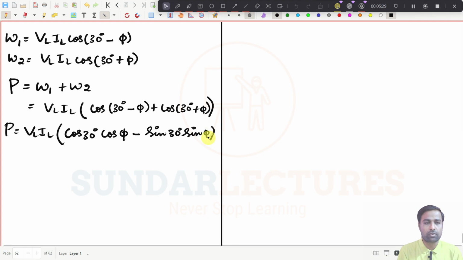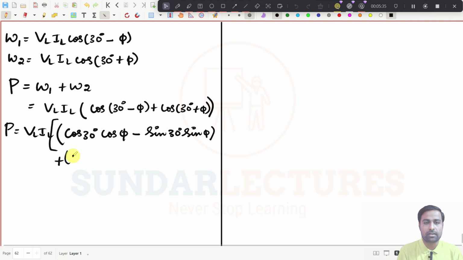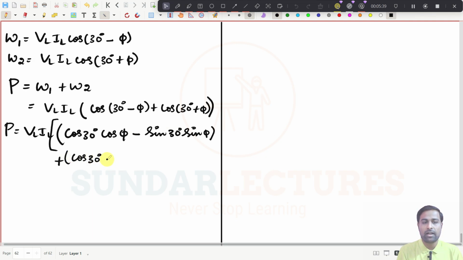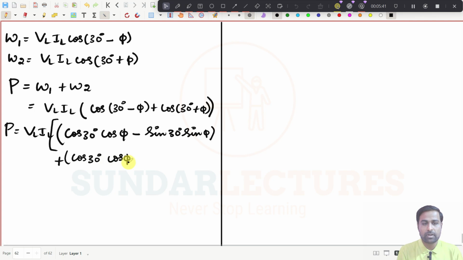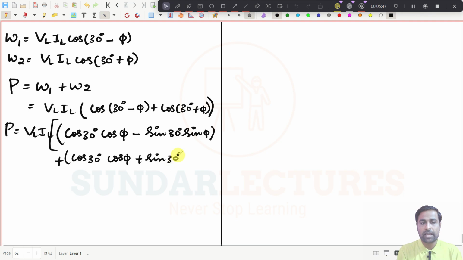That is the first one, and then plus this value, that is cos A cos B plus sin A sin B, because this is plus.